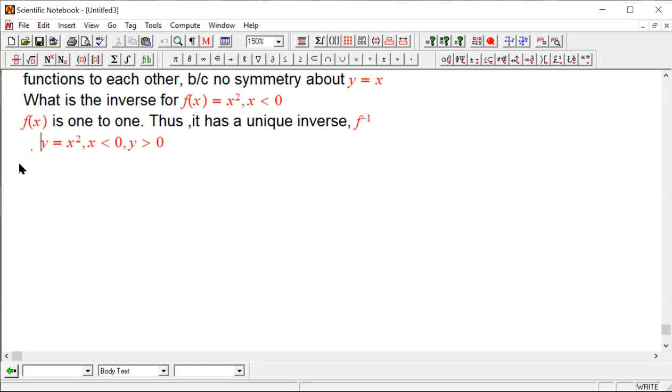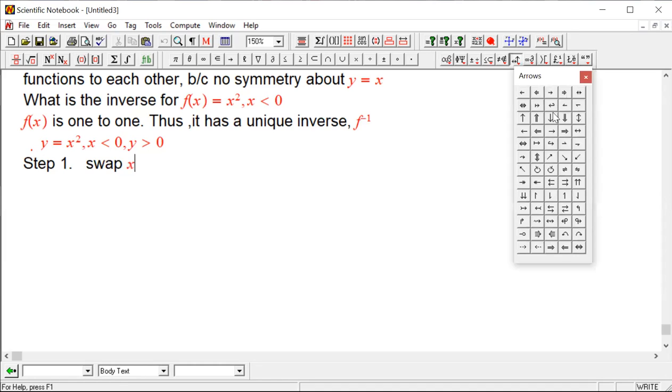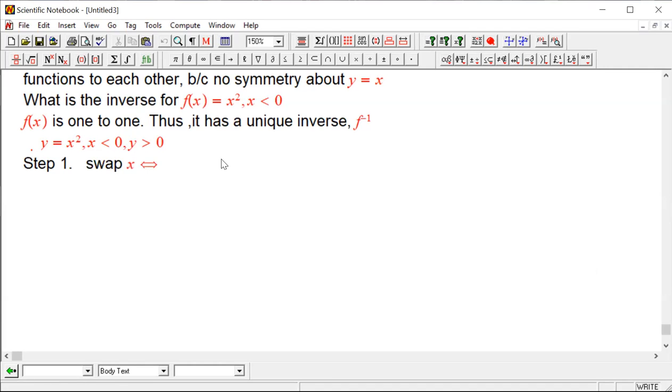And so we're going to get to our step 1. Step 1, swap xy. Swapping xy, what do we get?